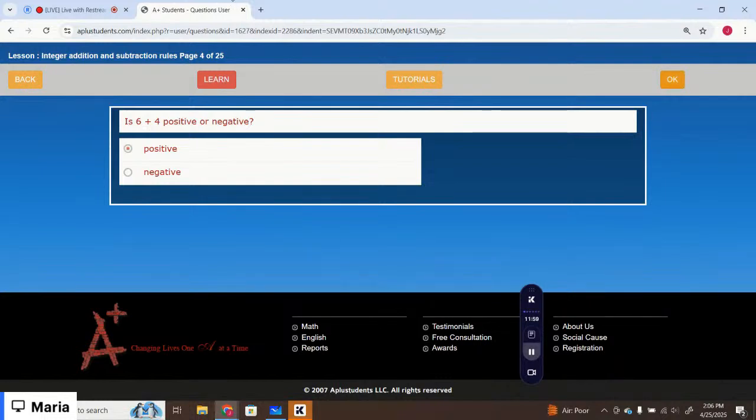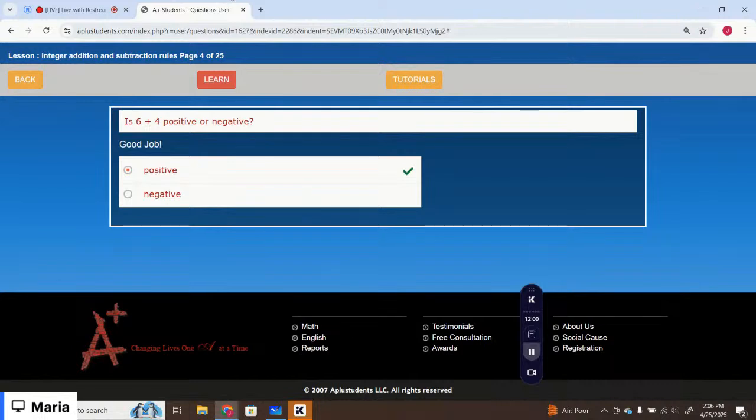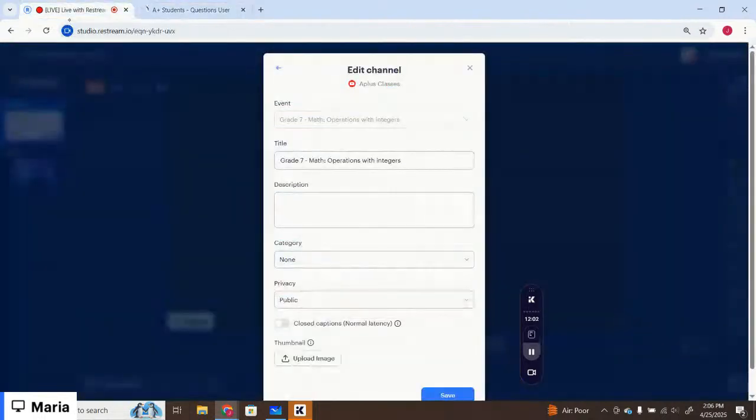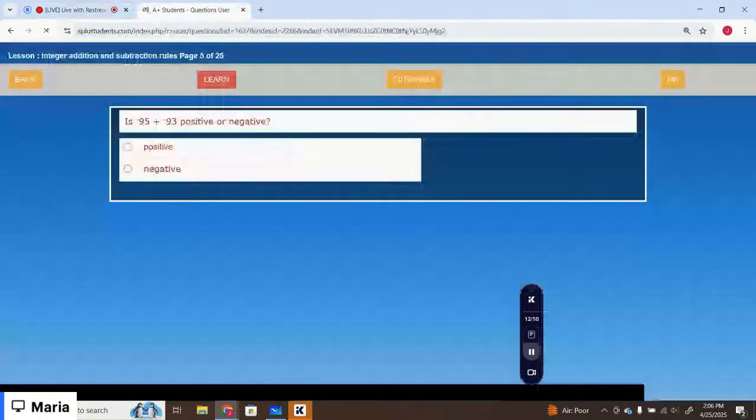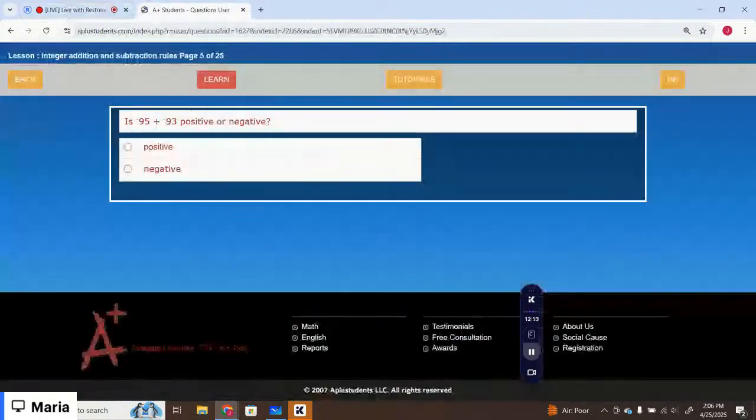Positive it is. Negative 93, positive or negative? You just have to look at the sign of the greater number. If it is positive, the answer is positive. If it is negative, the answer is negative.